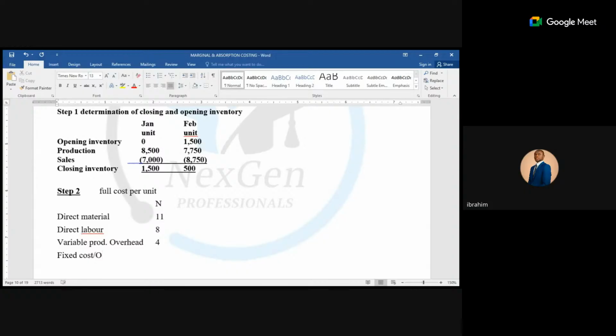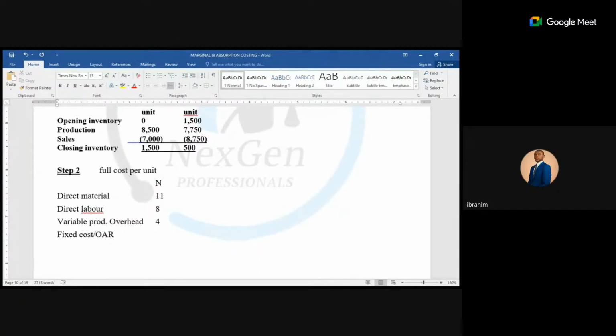Is that also from the format? Fixed cost per unit, right? Now we need to determine our fixed cost per unit, which is OAR. What is OAR, class?